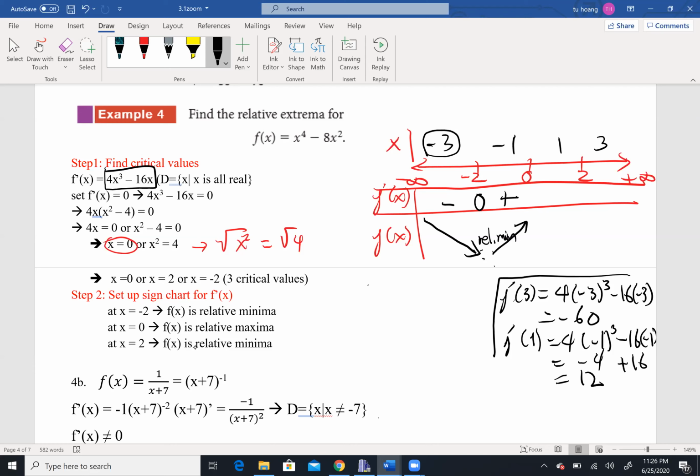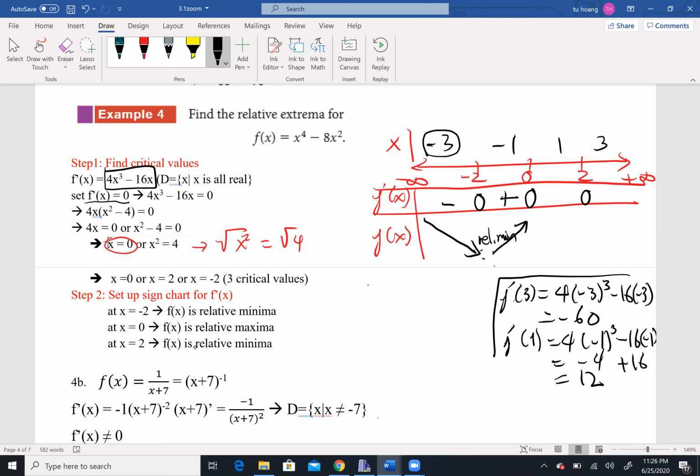And you should know that for the values of x equals negative 2, 0, and 2, they are all critical values and make f prime of x equal to 0. So I just put all these values equal to 0. Right? So later on, I don't have to worry about that.